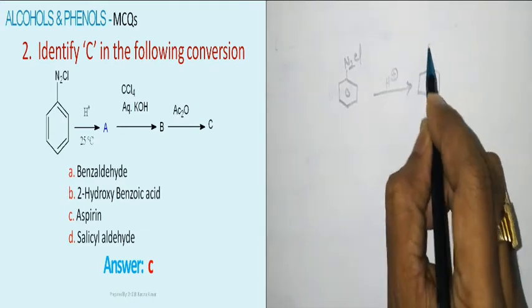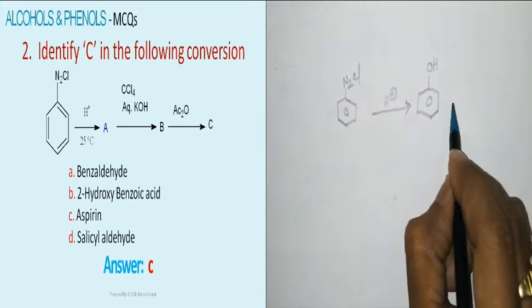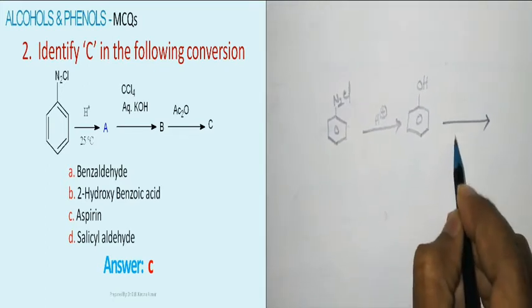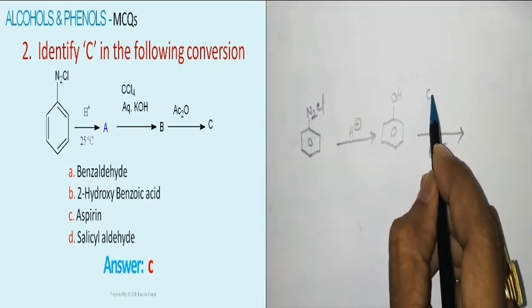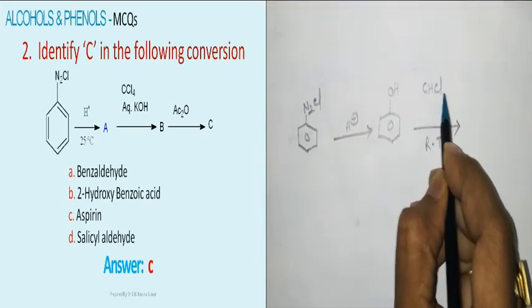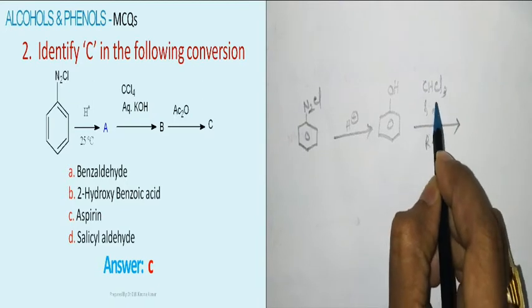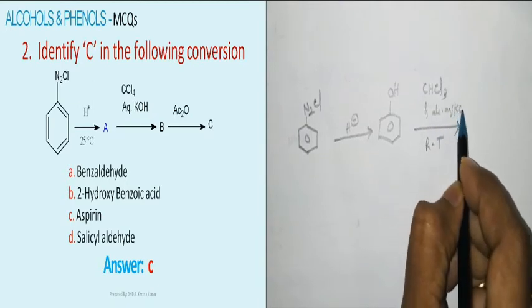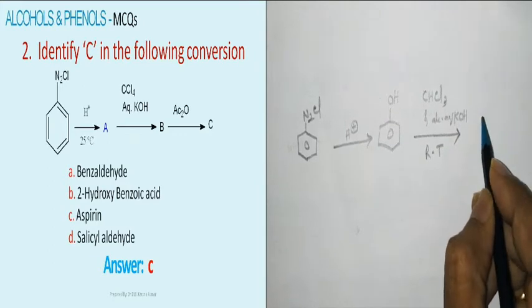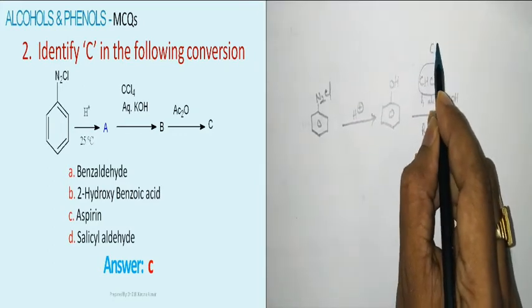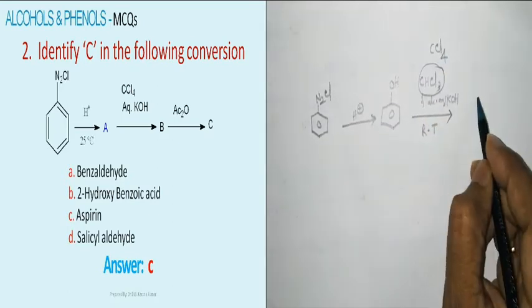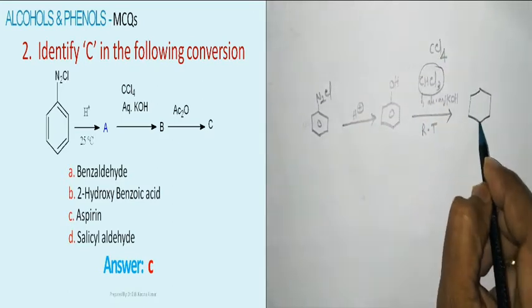This phenol is subjected to a Reimer-Tiemann reaction. In Reimer-Tiemann reaction, we know very well, generally we take chloroform CHCl3 and alcoholic aqueous KOH. This will give salicylaldehyde. But in place of chloroform, if I take carbon tetrachloride the final product formed will be salicylic acid.